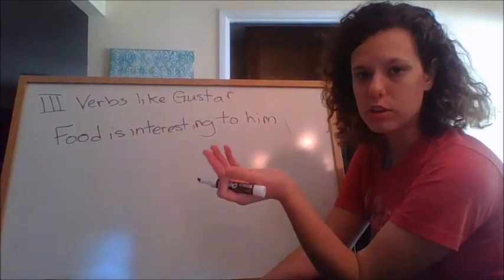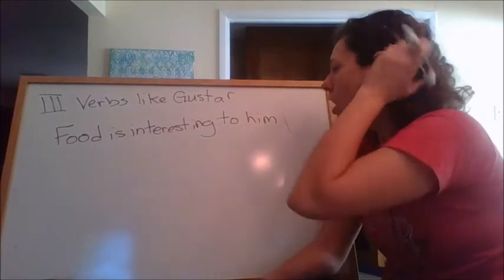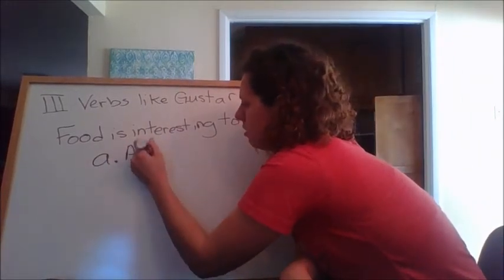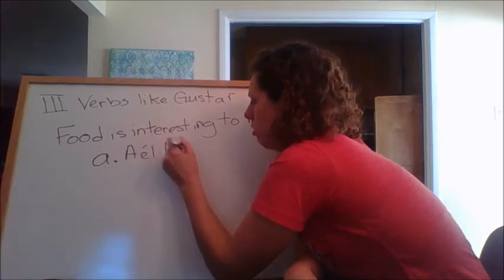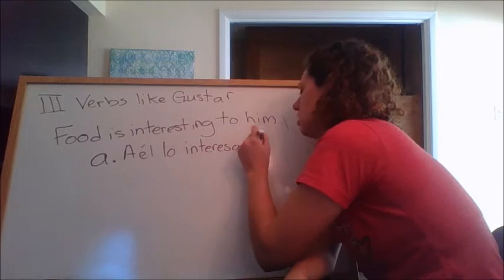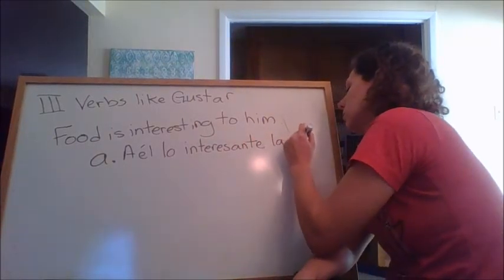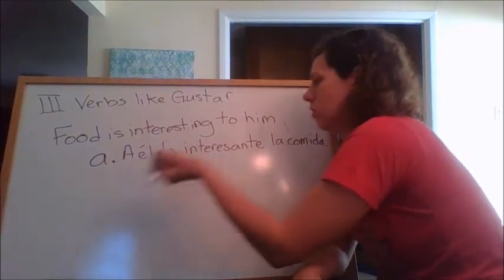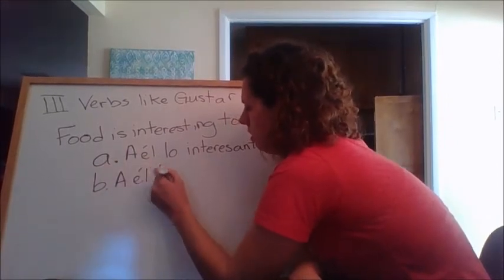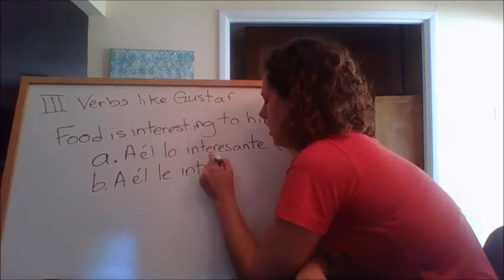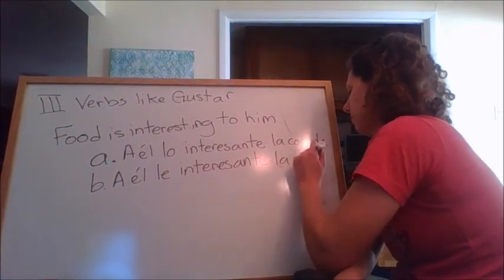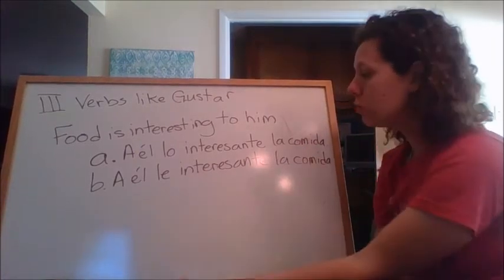Because remember, there are other verbs that are like gustar. So we would say maybe A, a él lo interesante la comida. Okay. Or B, a él le interesante la comida. Okay. All right, so which one is correct?